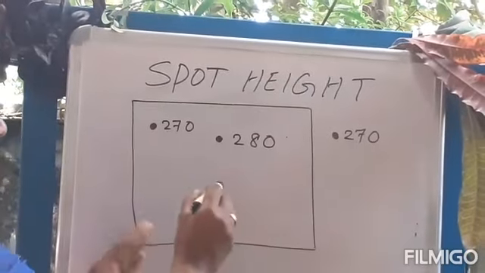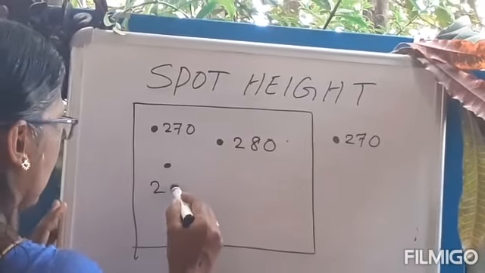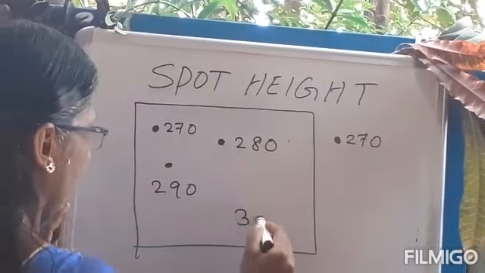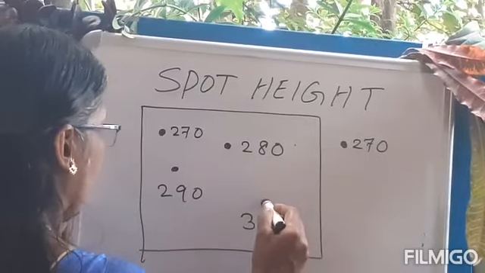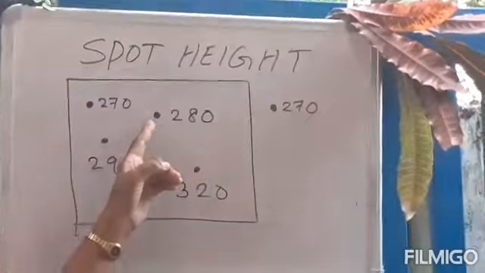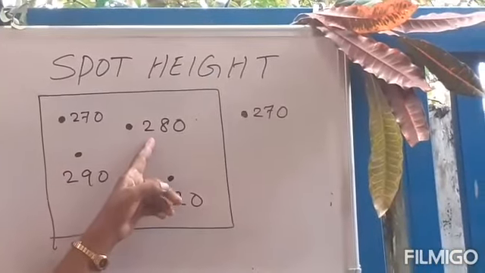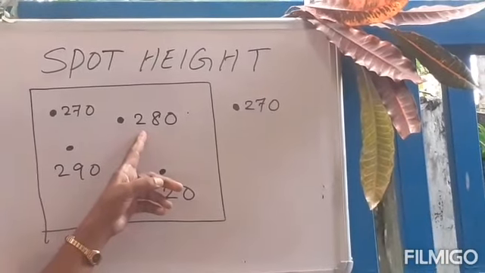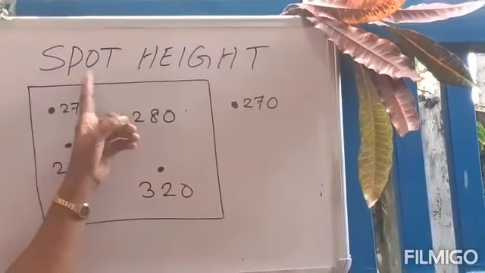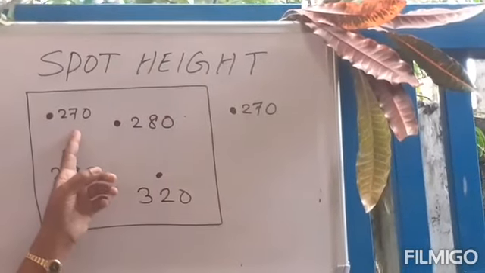Such a representation is termed spot height, which means the height of a place.